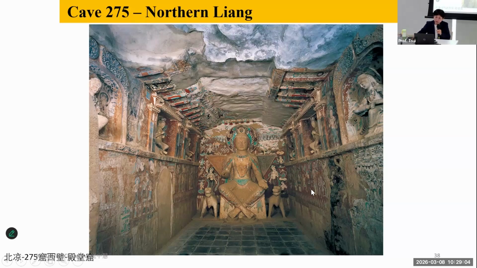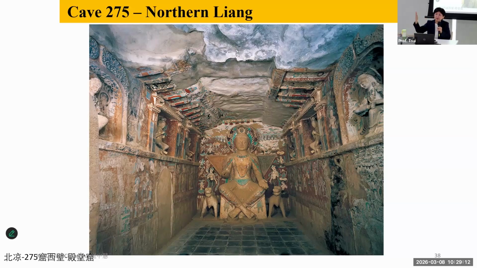And in the north wall, it contains the depiction of different Jataka stories. The Jataka story also reflects the past life of the Buddha. So now we have the whole structure of the subject: the past, the present, and the future.